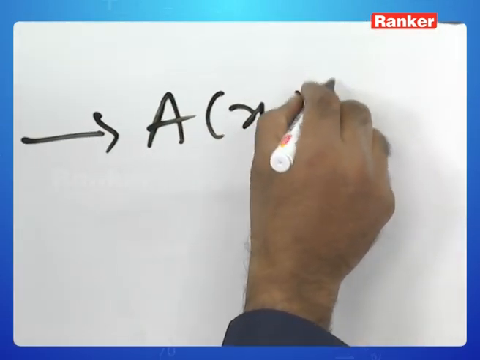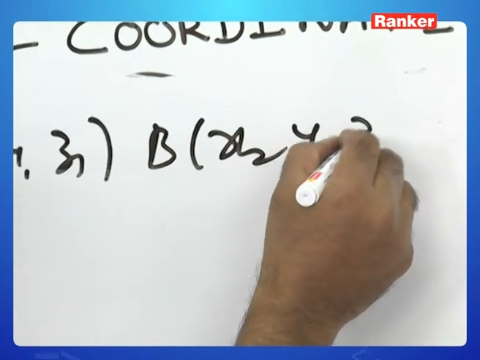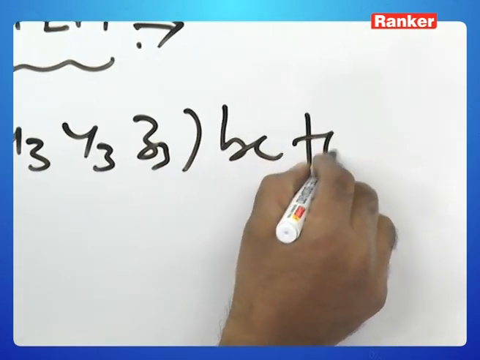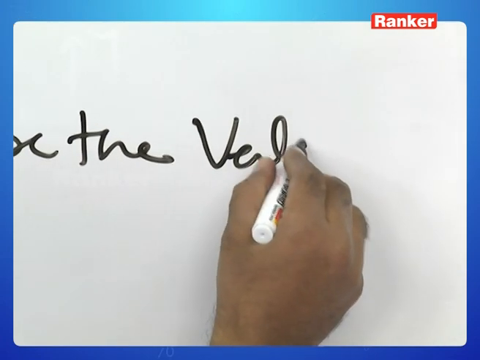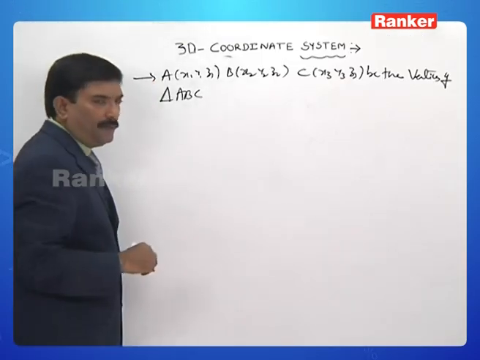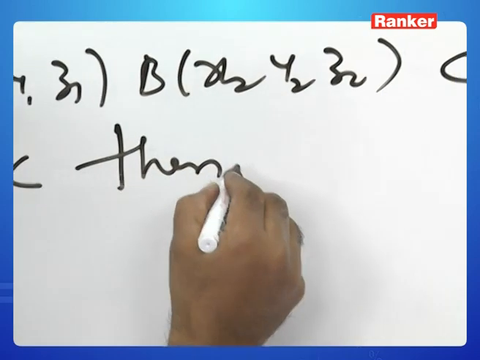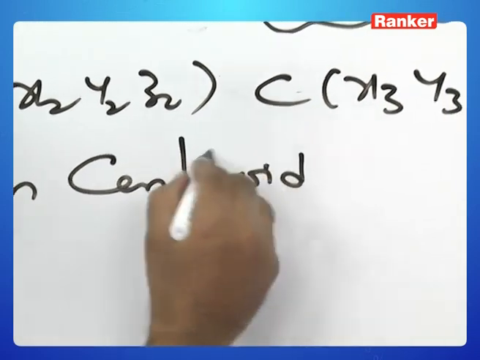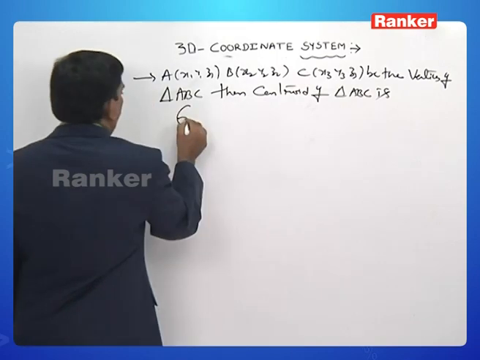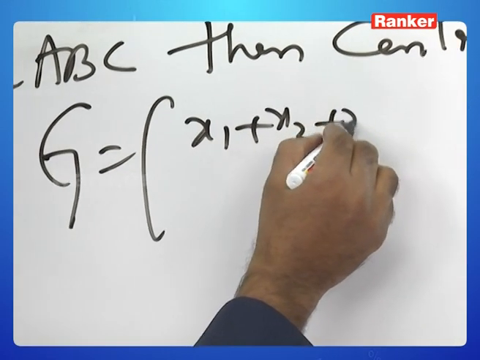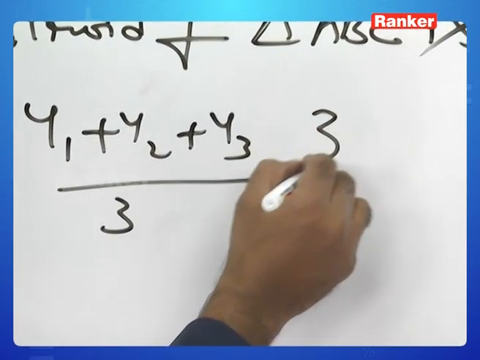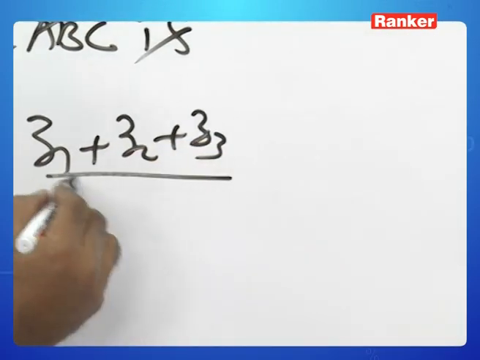Let A of x1 y1 z1, B of x2 y2 z2, C of x3 y3 z3 be the vertices of triangle ABC, then the centroid of triangle ABC is, I can write, G is equal to x1 plus x2 plus x3 by 3, y1 plus y2 plus y3 by 3, z1 plus z2 plus z3 by 3.